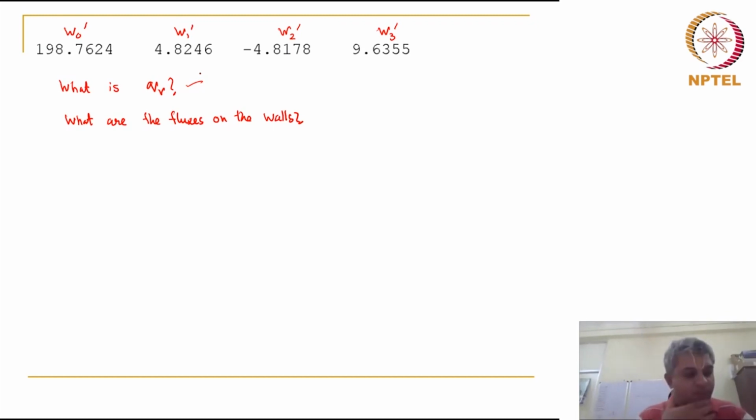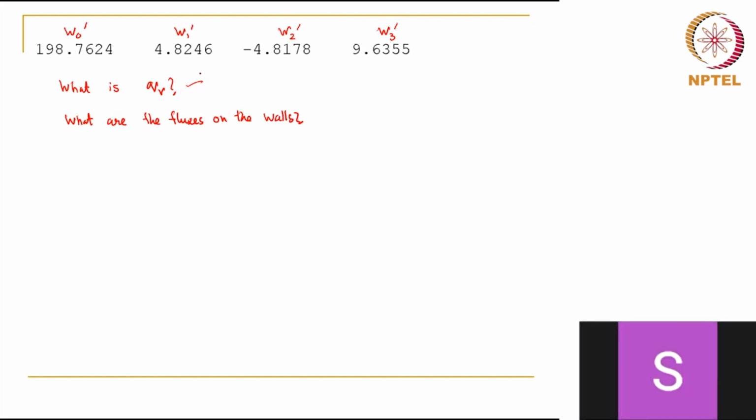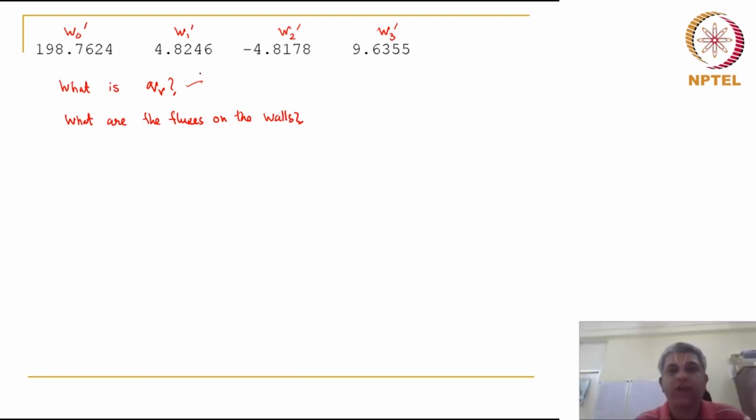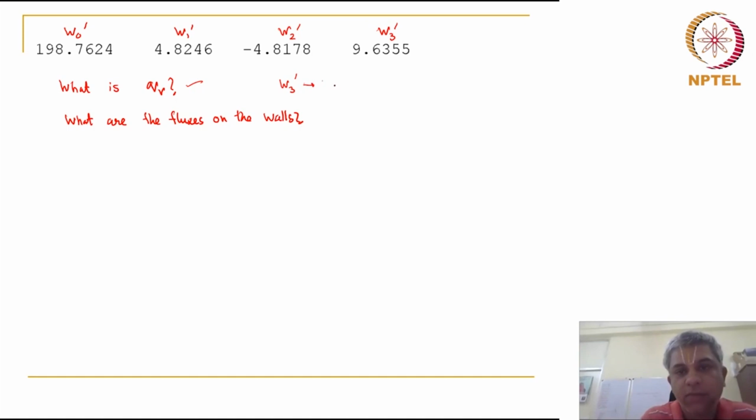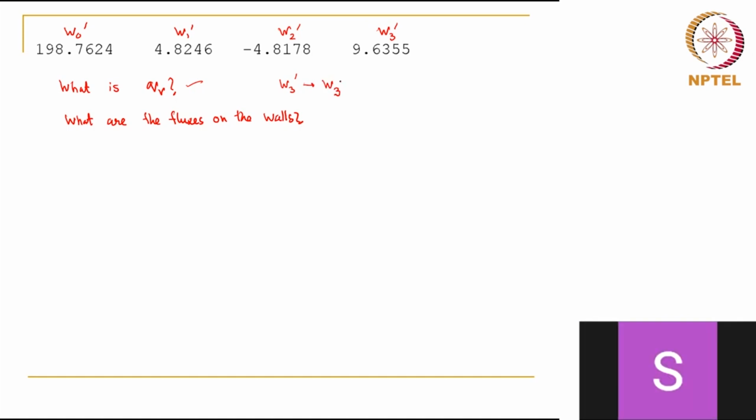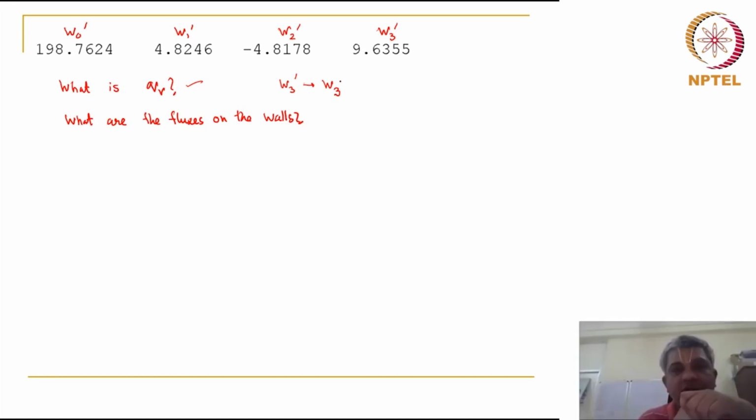Thoughts? For W3, we first convert it into the actual coordinates and then multiply it with Q. Okay, so you are saying, just tell me, W3. Yeah, we need to first convert W3 prime into W3, meaning an actual coordinate. Right. So we need to convert W3 prime to W3. So how do we do that? How do we convert?